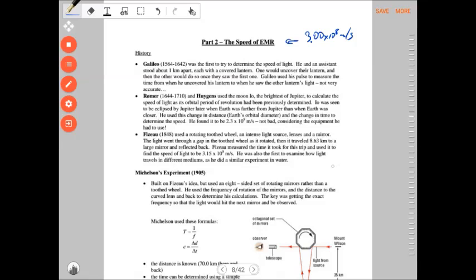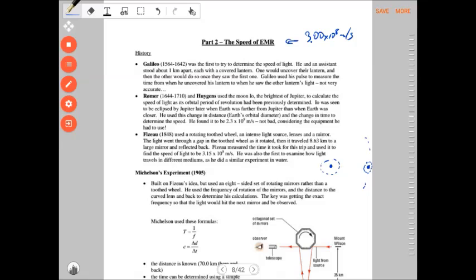Here's the sun. Here's Earth rotating around the sun. And Jupiter is way out here. Jupiter's here, it's got this moon. The moon, Io, would move around Jupiter and it would be eclipsed. As it moves behind Jupiter, you can't see it anymore, and then, of course, it moves back around so that you can.